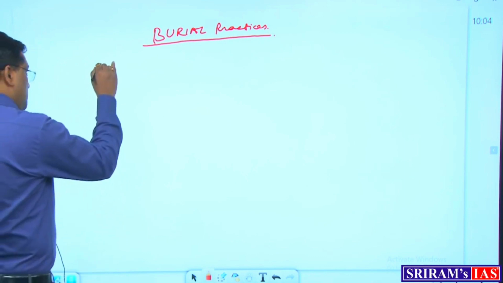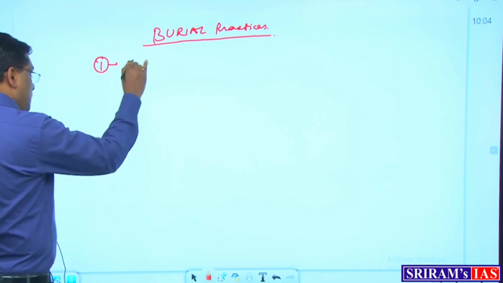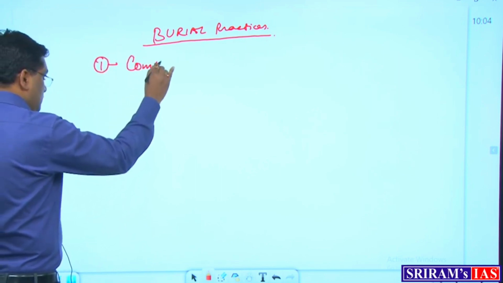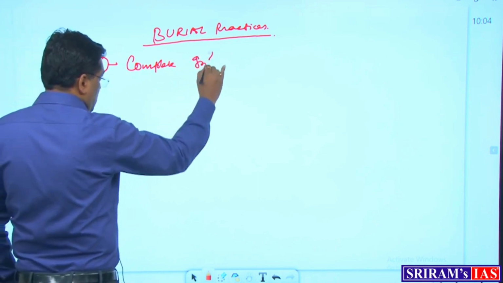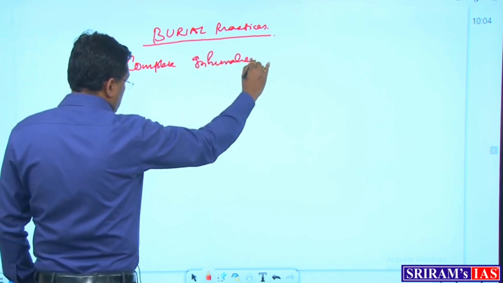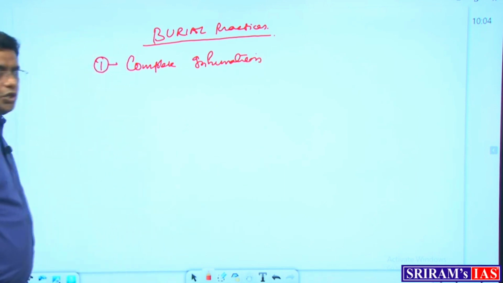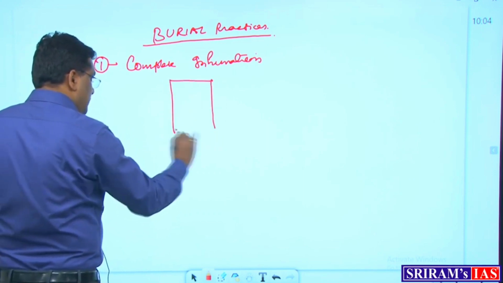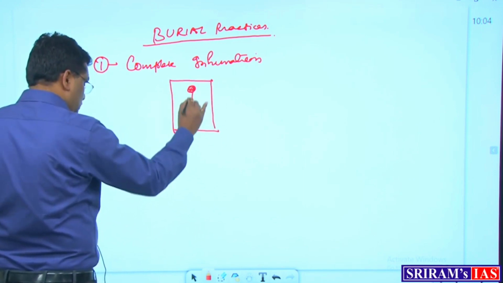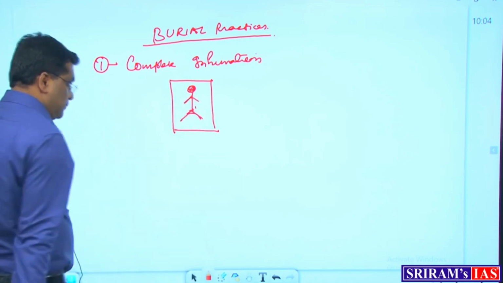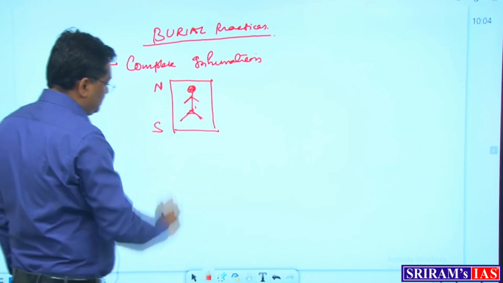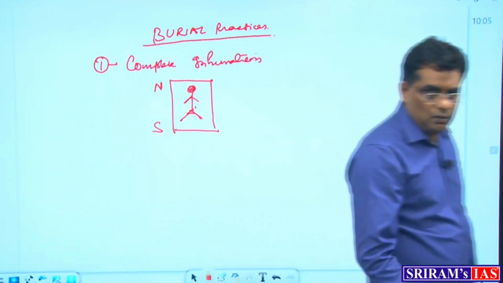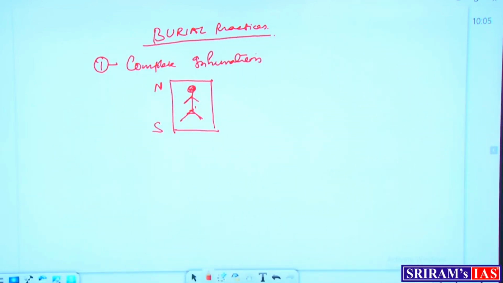So, the first burial practice was complete inhumation. Complete inhumation means dig the grave and put the body in north-south direction. So the whole body was immediately put in the grave, head pointing towards north and of course legs in the south.